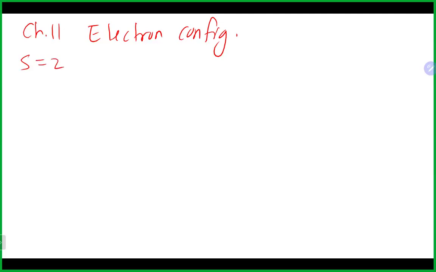And we were talking about last time electron configuration. So remember that when we write electron configuration, there's really two things that you need to know to be able to correctly do it. Again, that s orbitals could hold a maximum of 2 electrons.